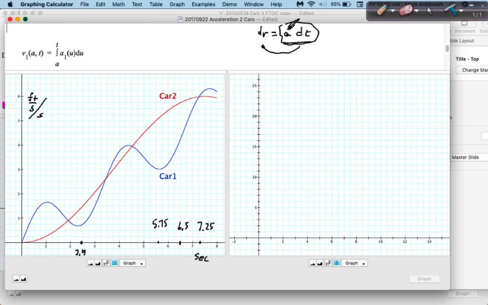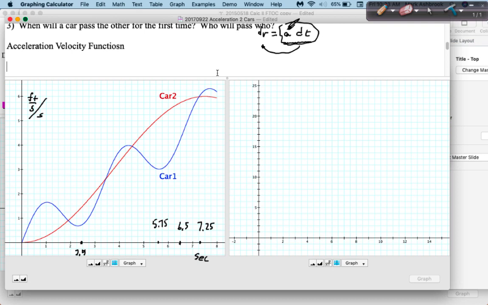So we're going to do V1. It's going to be A to T. I'm using T now. Before we used T as our dummy variable, but now we're talking about time, so let's use T for time. That's our actual independent variable. Then we're going to do the integral from A to T of the acceleration u du. Is that what you wrote? Agree with that? And then same with V2.